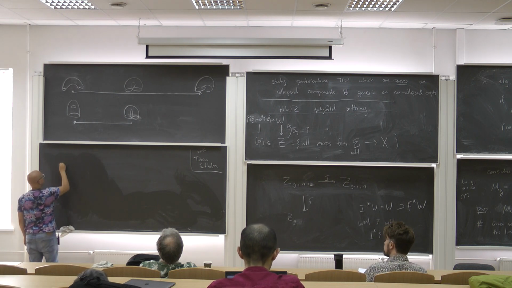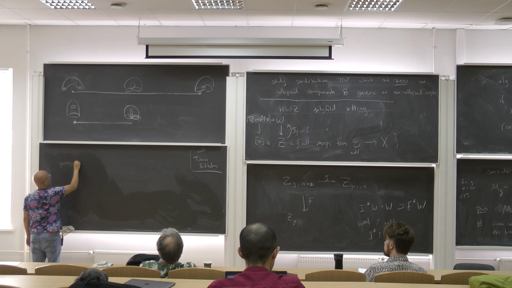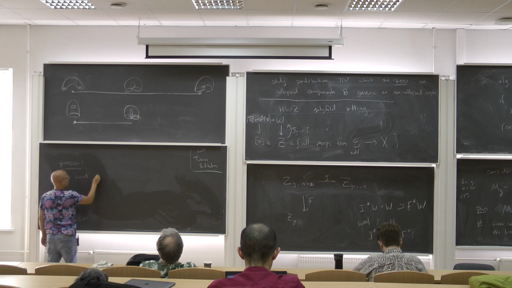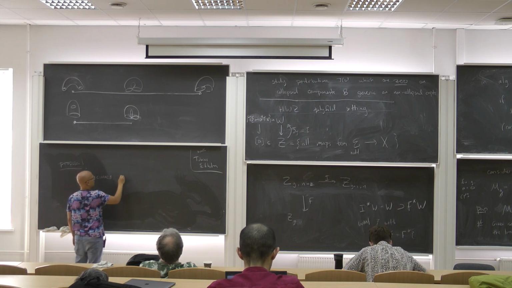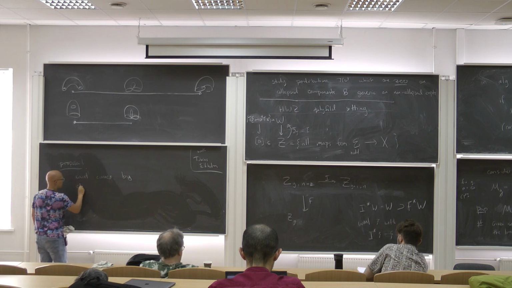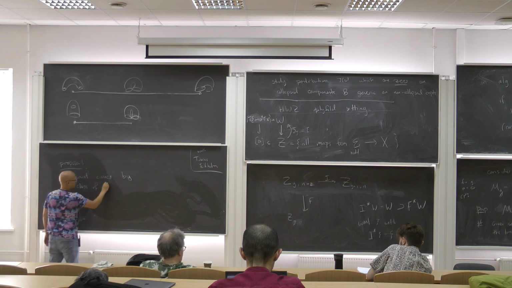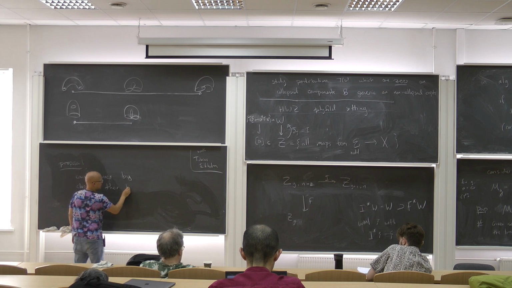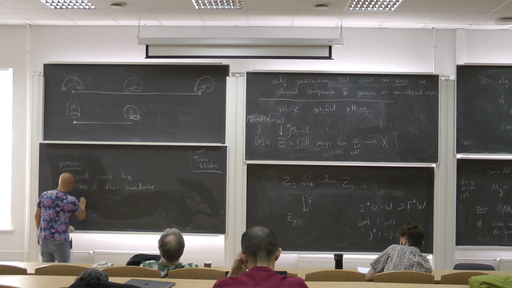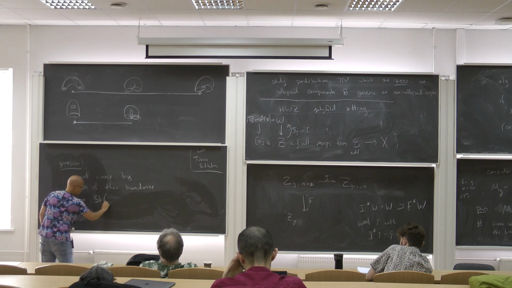So the proposal is that you count curves by the class of their boundaries in the skein module of the Lagrangian.